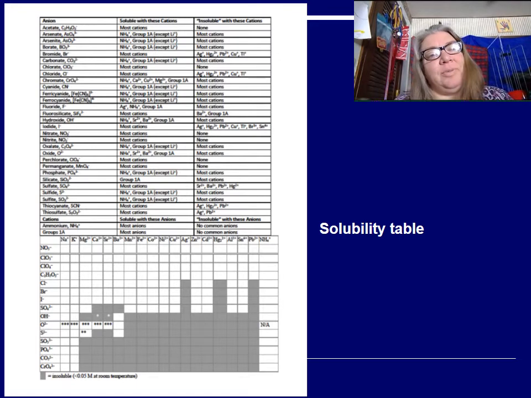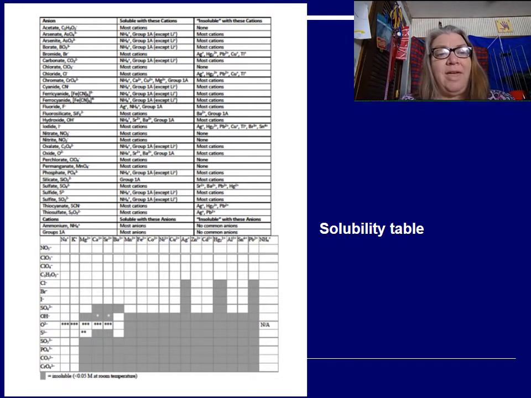This is what the solubility table that you're going to use in class looks like. You'll always get the top one. You might not always get the bottom one, but I will give both of them to you on this next test. If you want to find this, there should be a copy listed right underneath this lecture on your Moodle page.